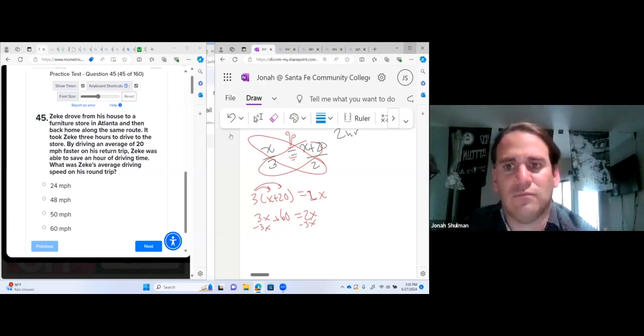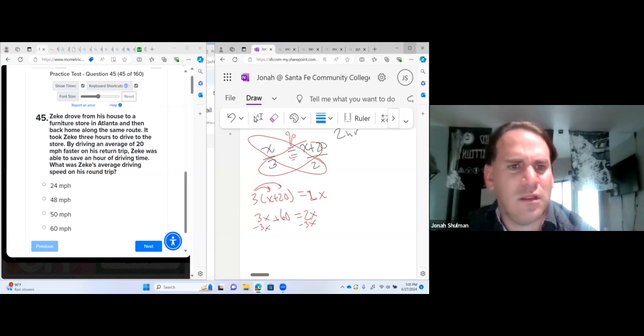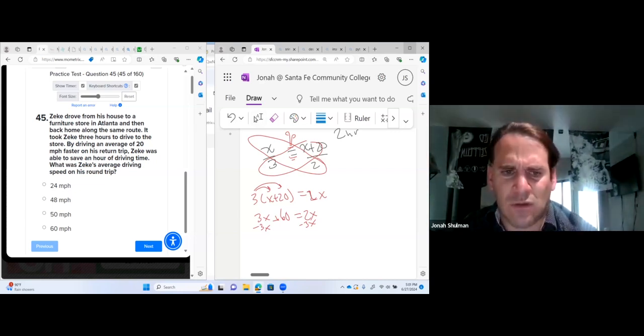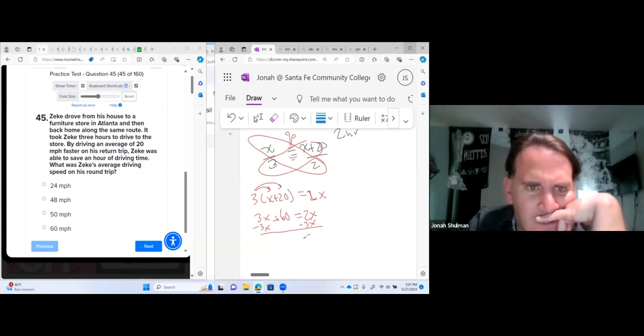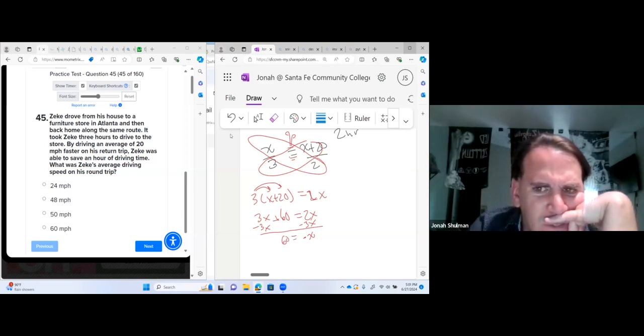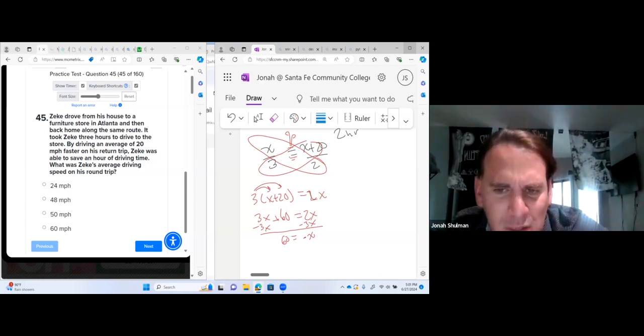Oh, it's faster. So it's not plus 2X. Wait, no, it is faster. Okay, so I have negative X equals 60. That doesn't make much sense. So if it was faster in miles per hour, yeah, that makes sense.